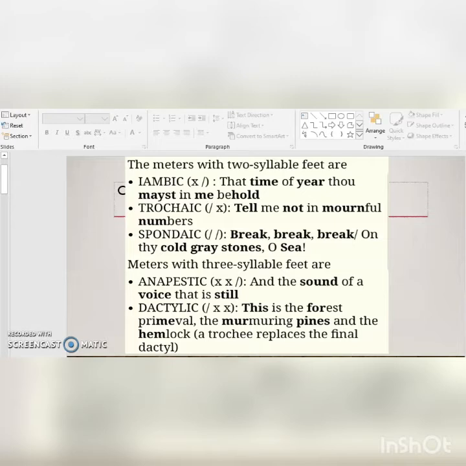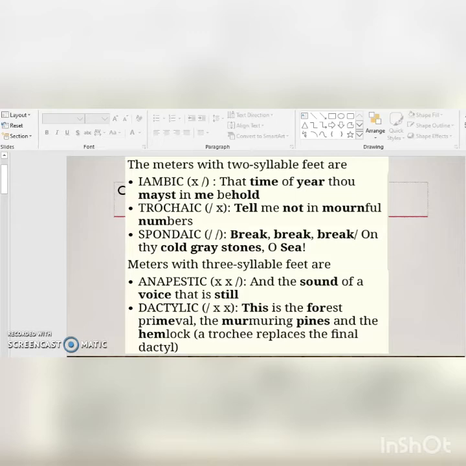Step number 2 is important because it tells you how many syllables there are. And step number 3, you will note it down: iambic pentameter. Iambic, because the first syllable is unstressed and the second stressed. Pentameter suggests that there are 10 syllables, each foot has 2 syllables, so 5 feet, and 5 is penta, so pentameter.